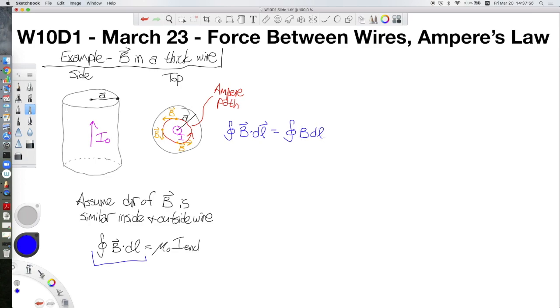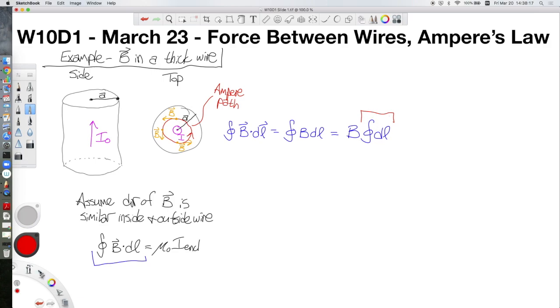And if the magnetic field has a constant value all along that Ampere path, we can pull it outside of the integral. And again, this part of the integral right here, we can evaluate. We're just adding up all of the little chunks of length.